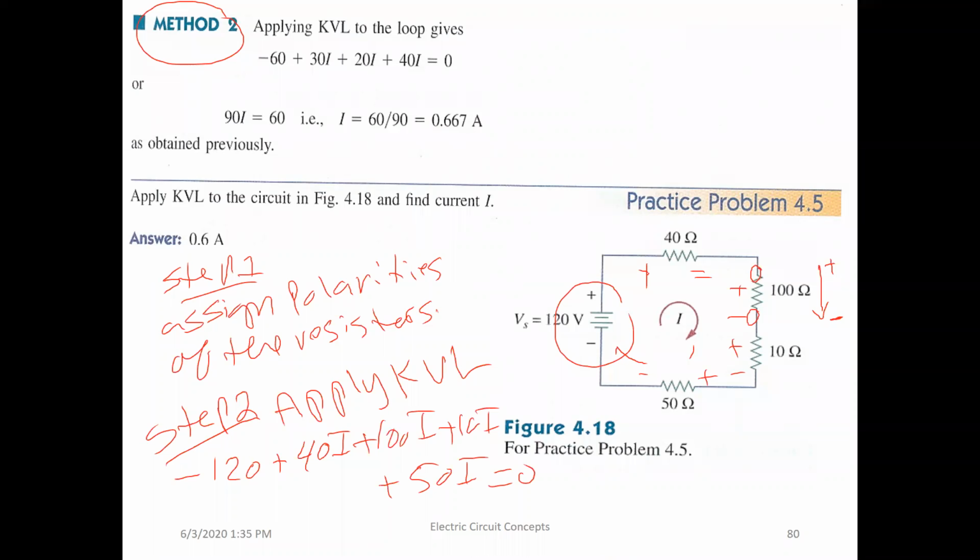Again, you could use method number one as in the previous example by finding RT, which is 40 plus 100 plus 10 plus 50, equal to 200 ohms, and then you find I equals 120 over 200. So there are two methods to solve this problem.